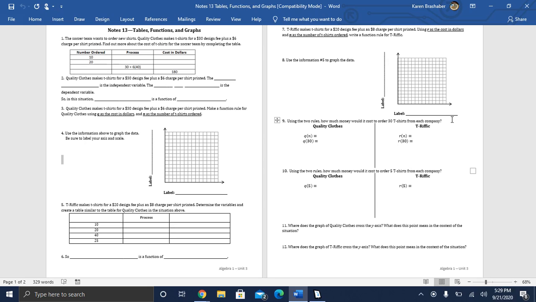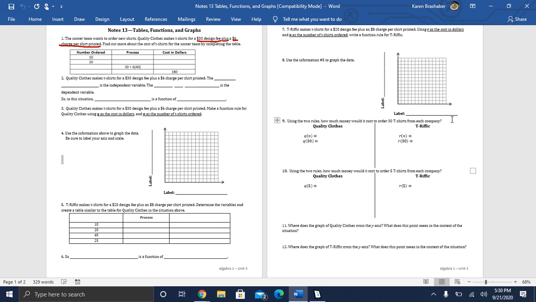The first one is about Quality Clothes, and they charge a $30 design fee plus $6 per shirt that's printed. So we can complete a table and find out more about what our costs would be.